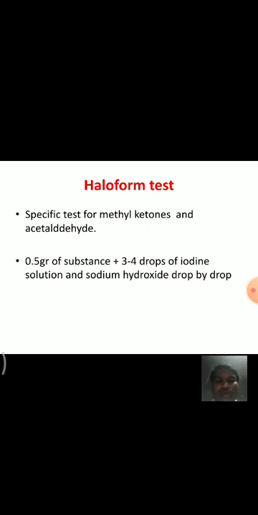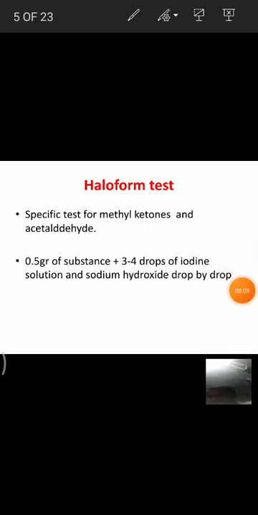And coming to ketones, the methyl ketones, means the ketones which have the CH3C=O group. Those containing that group are called methyl ketones. That means, in ketones, methyl ketones, and in aldehydes, acetaldehyde generally give this haloform test. This is the specific test for methyl ketones and acetaldehyde.